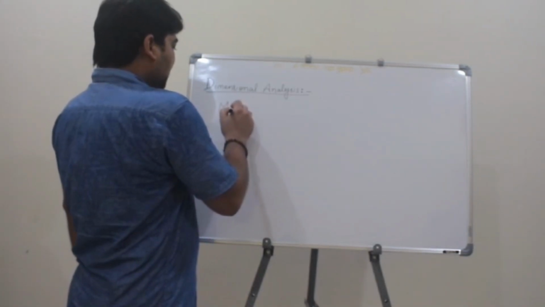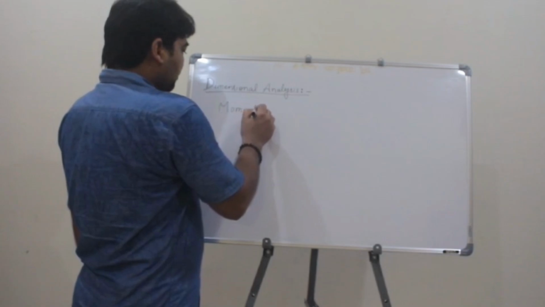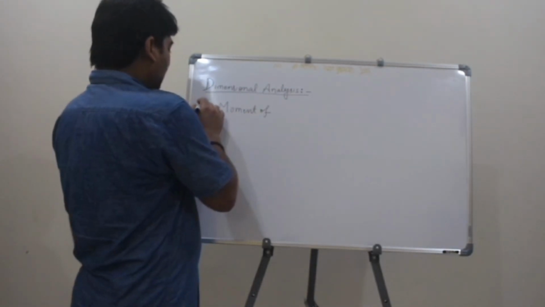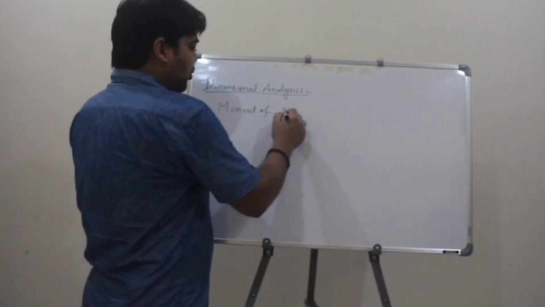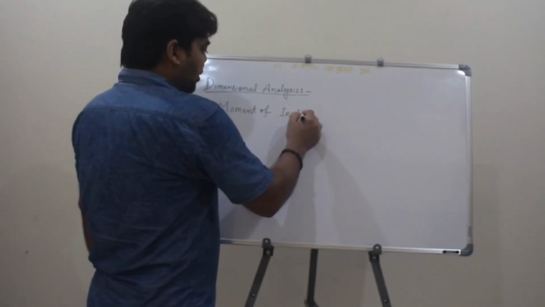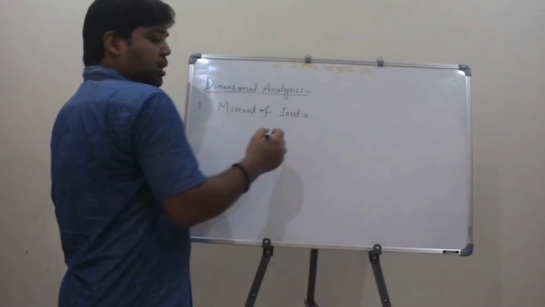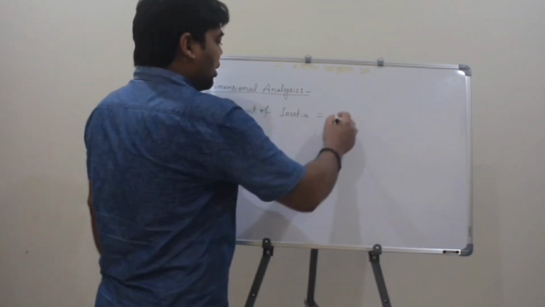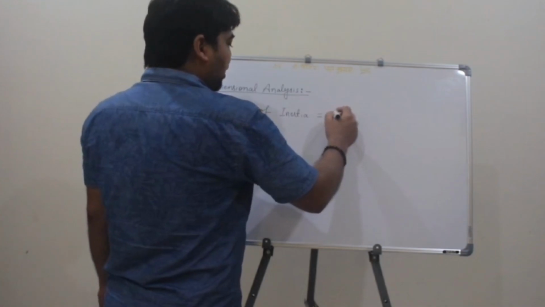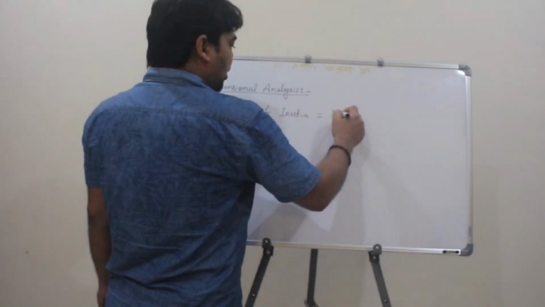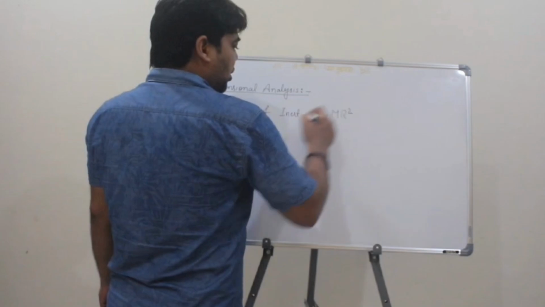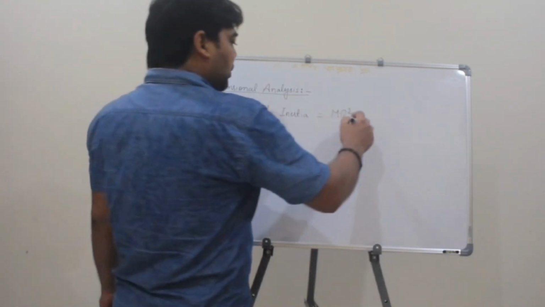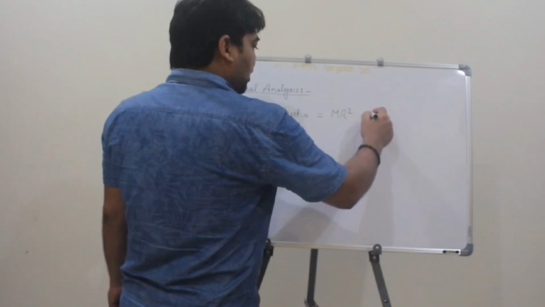So moment of inertia is defined as inertia, which is nothing but the mass, and moment, which is nothing but the distance squared from a certain point. So it has a dimension of m into r square, with obviously some constant terms multiplied.